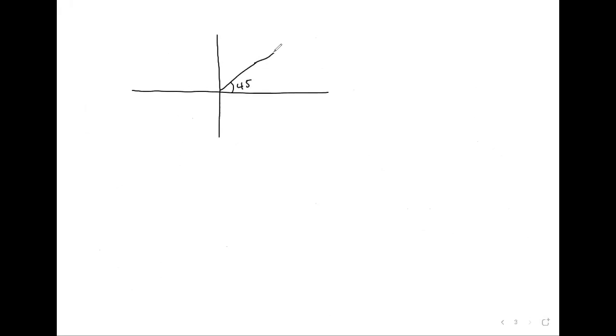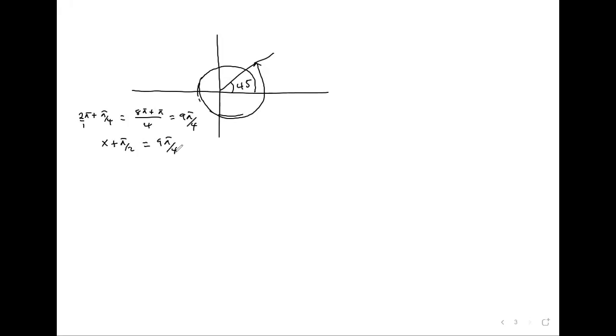So what we'll do is, we'll get here, go around, and come back there. So it will be 360 plus pi over 4. So we'll get 8 pi plus pi, which is 9 pi over 4.